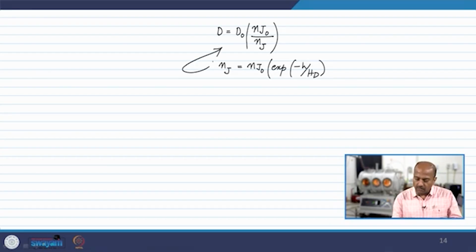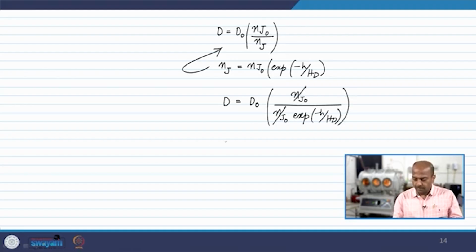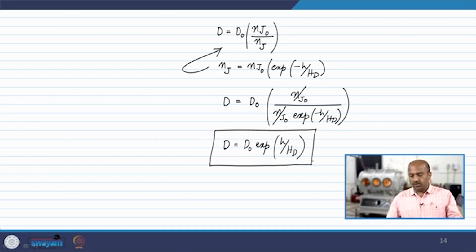Using this into this relation, we can write D as D0 nj0 divided by nj0 times exponential minus h by HD. So, D is equal to D naught exponential h by HD.